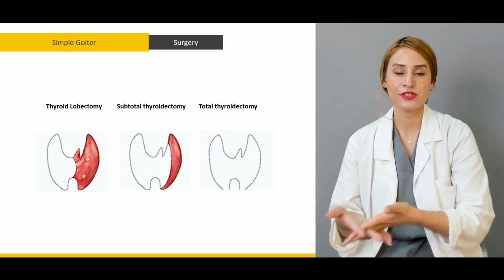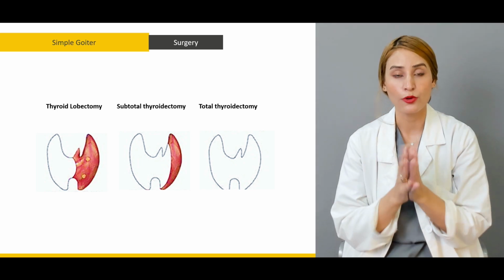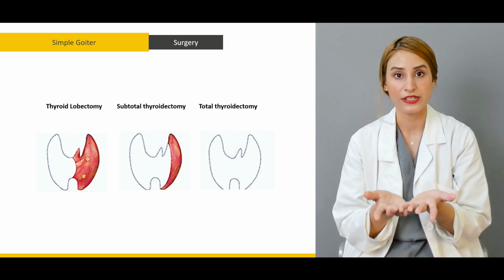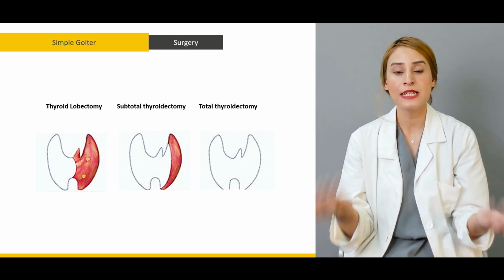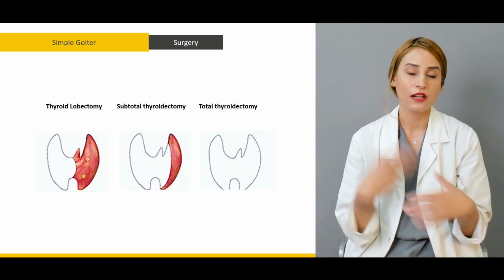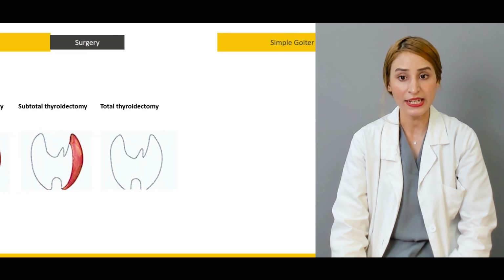And in some patients, if there's a multinodular goiter, or a diffuse hyperplastic involvement of the goiter, then obviously you don't have any option. You cannot leave any part because there can be recurrence. So you take out the whole of the thyroid gland, which is called a total thyroidectomy, right?